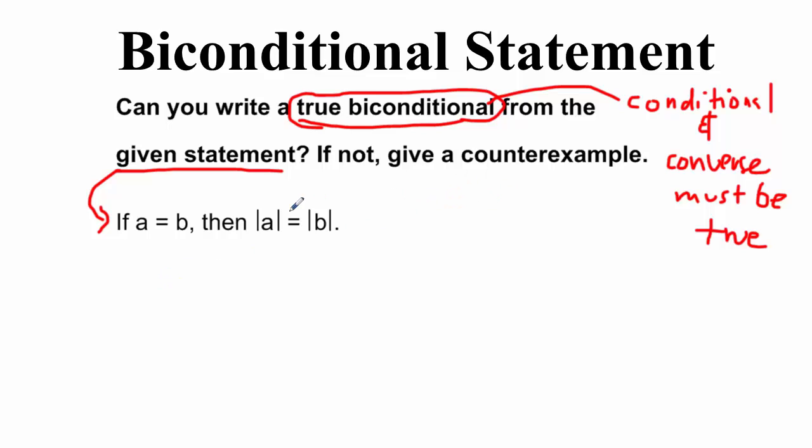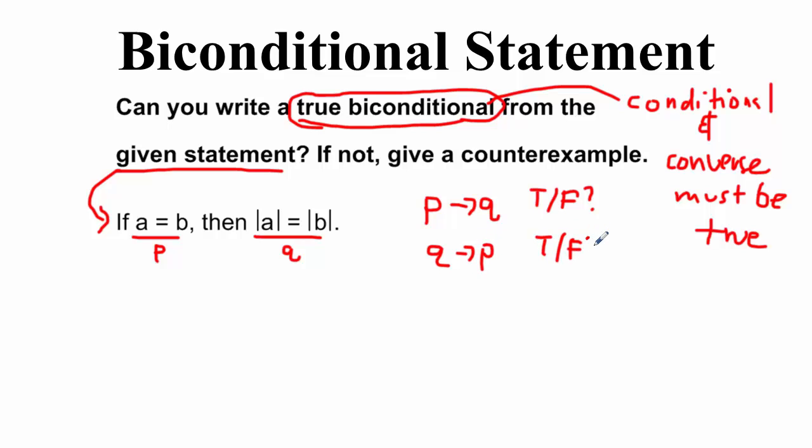So if I wanted to represent this situation symbolically, I have a conditional. Here's my P, here's my Q, my hypothesis and conclusion. And I want to know, is this true? Is it false? Then I have to write the converse and determine if that's true or false. And just to point out, if I notice that this is false, I don't have to evaluate the converse.